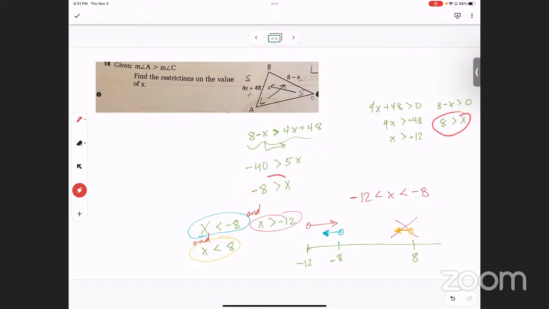If both of these things have to be true, then only this one is the one that I write. Like I said with my example, all of these numbers in here make the yellow one true and the red one true, but they don't make the blue one true. But all three of these things have to be true. Okay. Does that make sense? So I get rid of it and I just use these two. Okay.